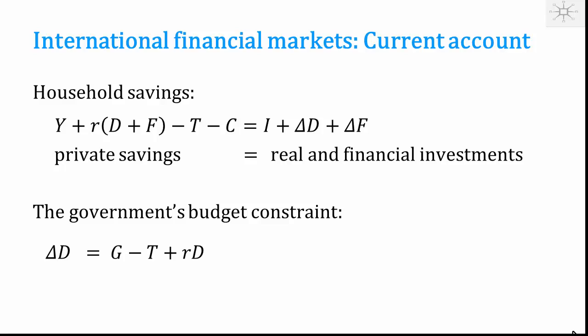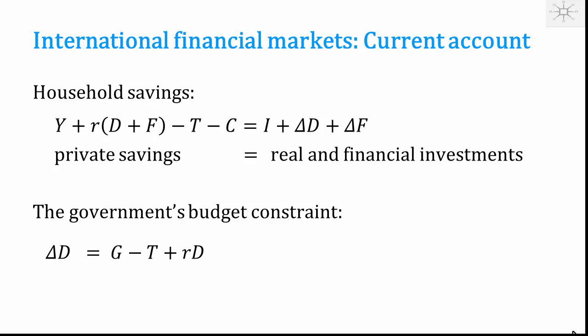Remember that the households own the firm, so indirectly they do the investments. They also may accumulate government bonds, and they may accumulate claims on foreign households or firms. So these are the real and financial investments of the private sector in the small open economy.